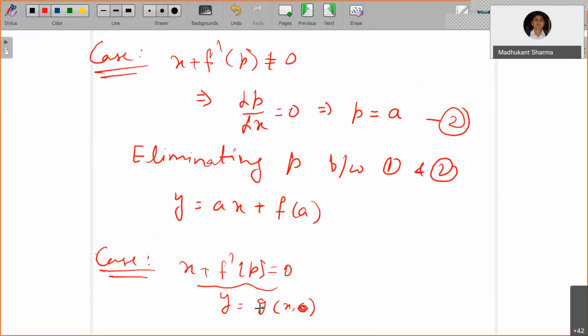Now if this obtained solution also satisfies equation 1, then this solution is known as a singular solution. It is not a general solution because it cannot be obtained from the general solution. That means if you choose the arbitrary constant suitably, there will be infinitely many solutions, but this solution will never fall among them.